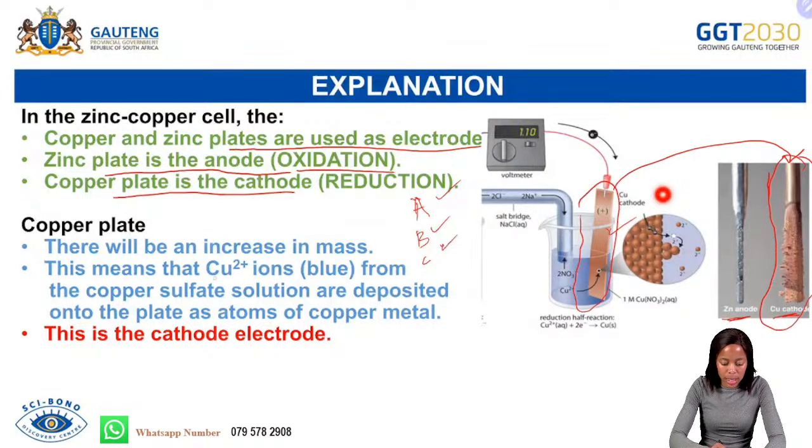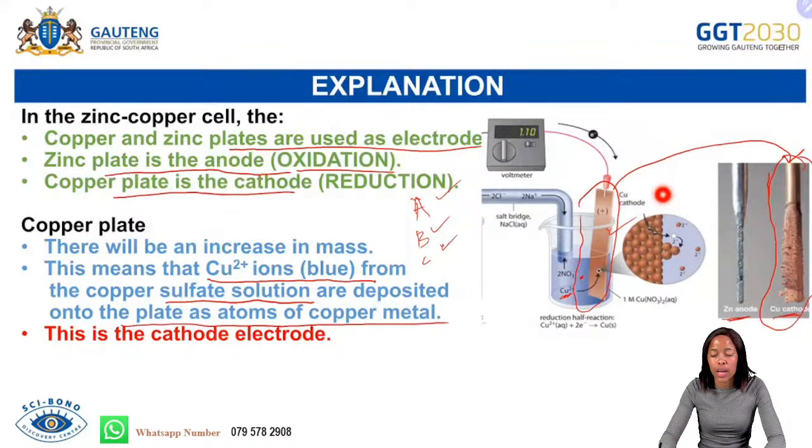Okay, so it says this means that the Cu2+ ions, these ones here, are blue in color. So this means that the Cu2+ ions from the copper sulfate solution, from the electrolyte, are deposited onto the plate as atoms of copper metal.